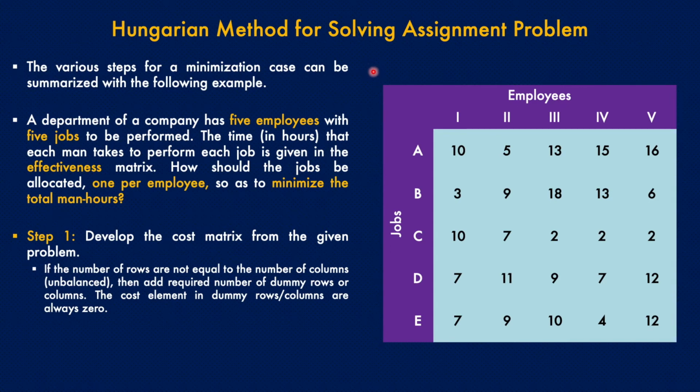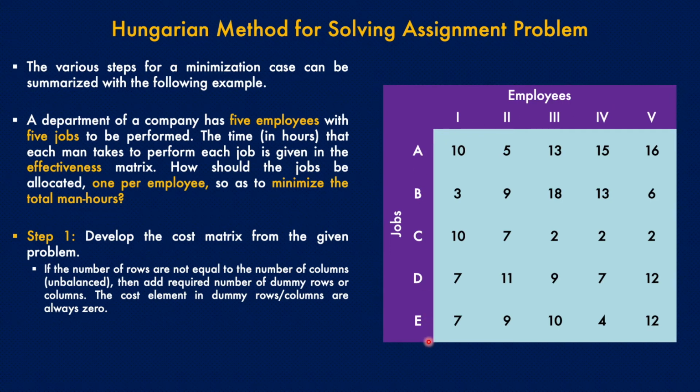Step 1 is to develop a cost matrix from the given problem. In this given question, we have 5 jobs and 5 employees. So this is a square matrix, 5 by 5 matrix, so we can call it a balanced matrix. In some cases, suppose we have 5 employees and 4 jobs, or 4 employees and 5 jobs.